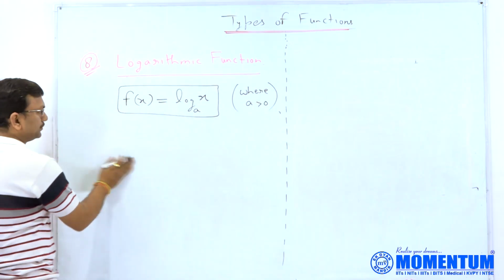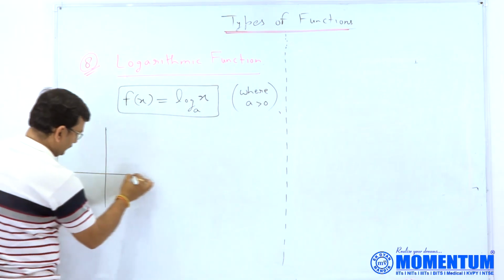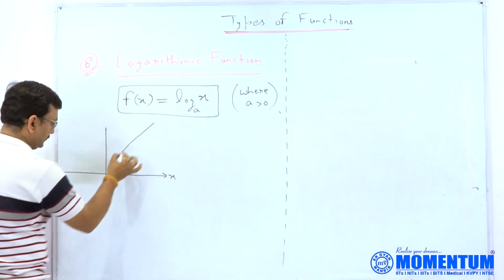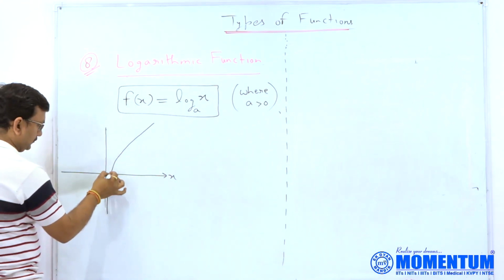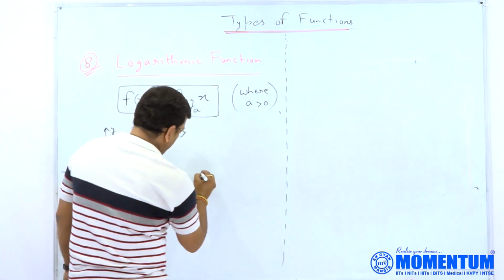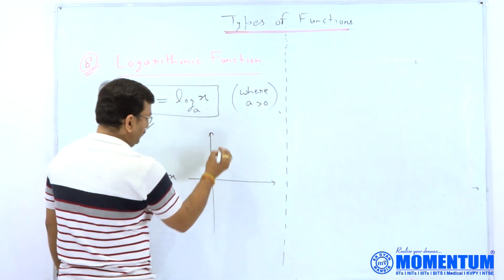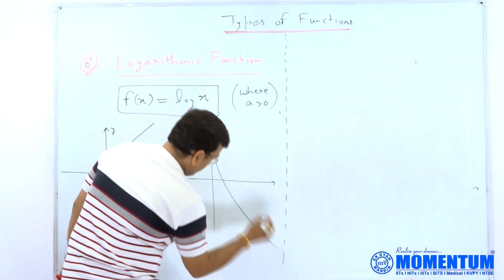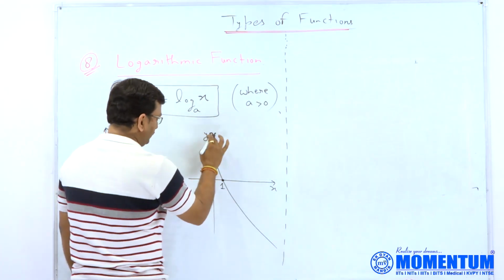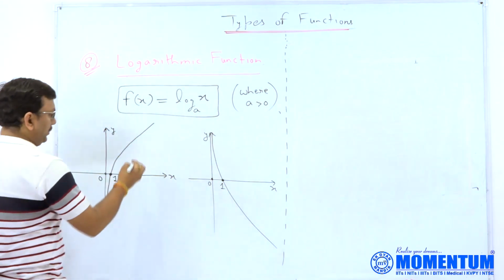Now diagram. There are two diagrams. For logarithmic function, we have two diagrams depending upon base.